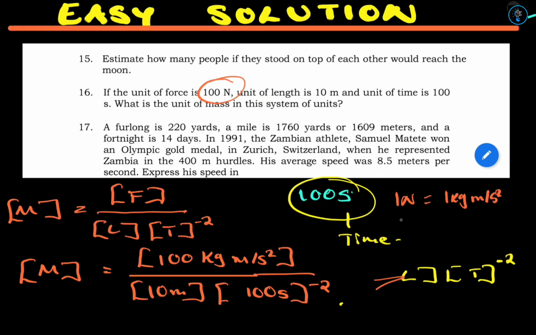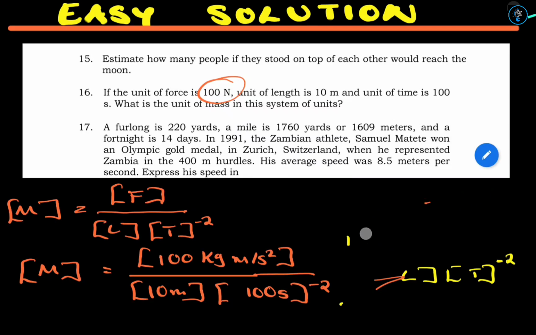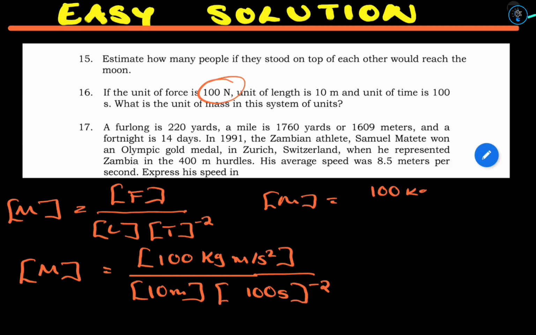Now we can get rid of these things on this side, and say the dimension for mass will be equal to, let's simplify, 100 kilogram meter per second squared, divided by, the bottom part, meters won't be affected.